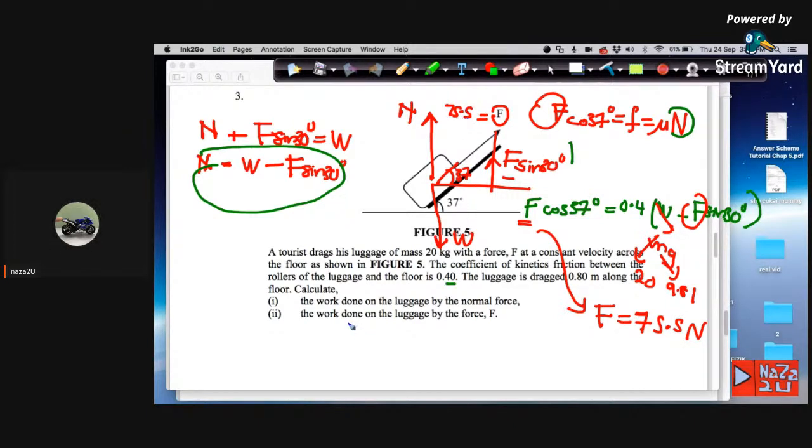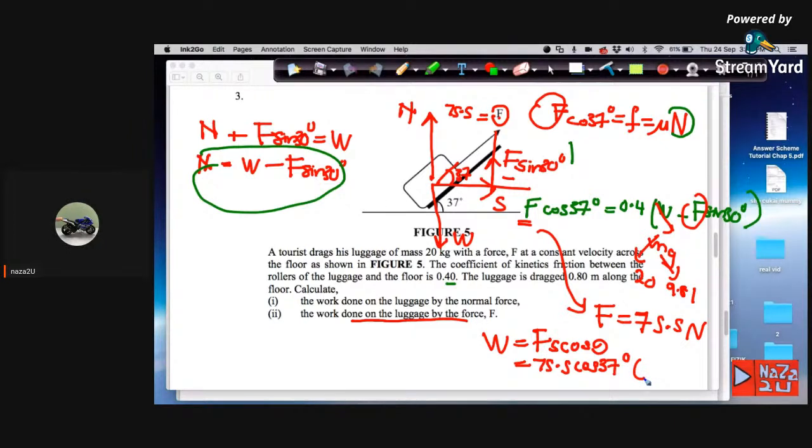So, untuk kira work done by the force F, barulah kita dapat is equal to Fs, right? Fs cos theta. So, F kita sini 75.5 cos. Mengapa cos? Kerana kita kena resolve F ini pada arah displacement S kat sini. Cos berapa? 37.